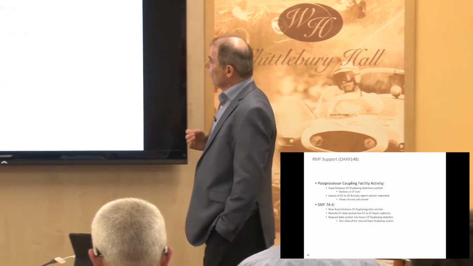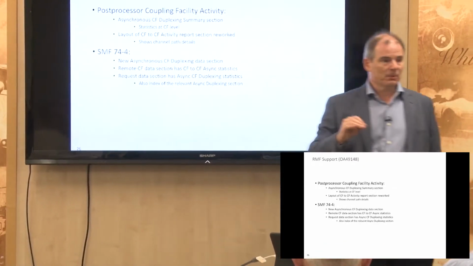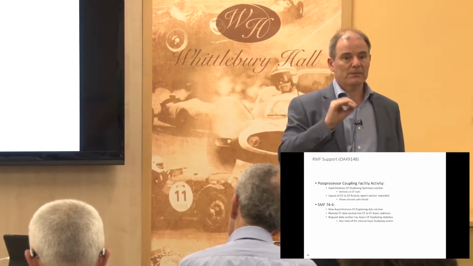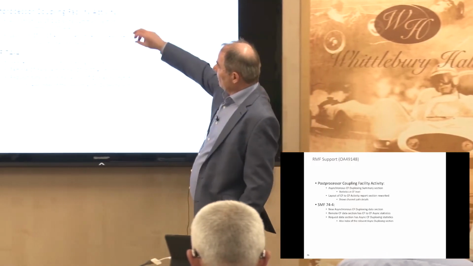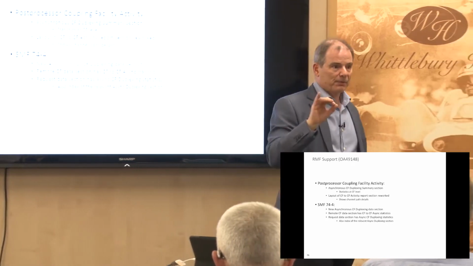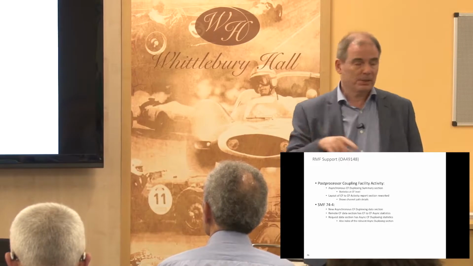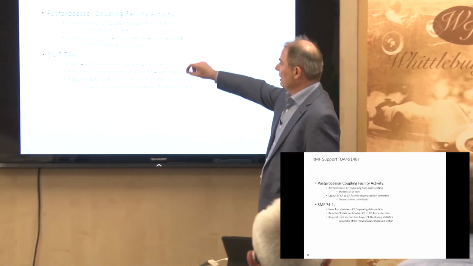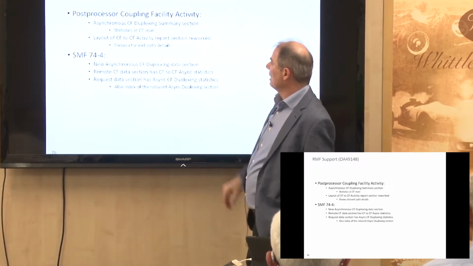In RMF, to keep this fairly brief, we have support in the post processor and we have support in the 74 subtype 4 record. And we have coupling facility level details, and we have coupling facility to coupling facility, in other words, remote coupling facility data that's been reworked, that section, to add extra stuff about channel paths and timings.